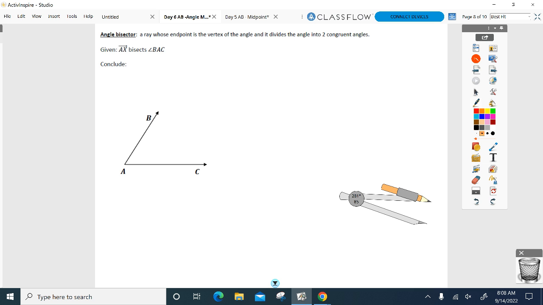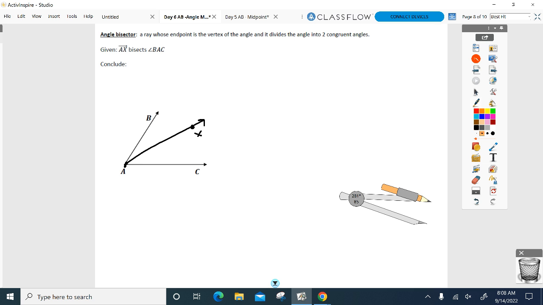Ready? Go ahead and draw in ray AX, which bisects it, cuts it in half. I'm stopping here because this is where you take over.